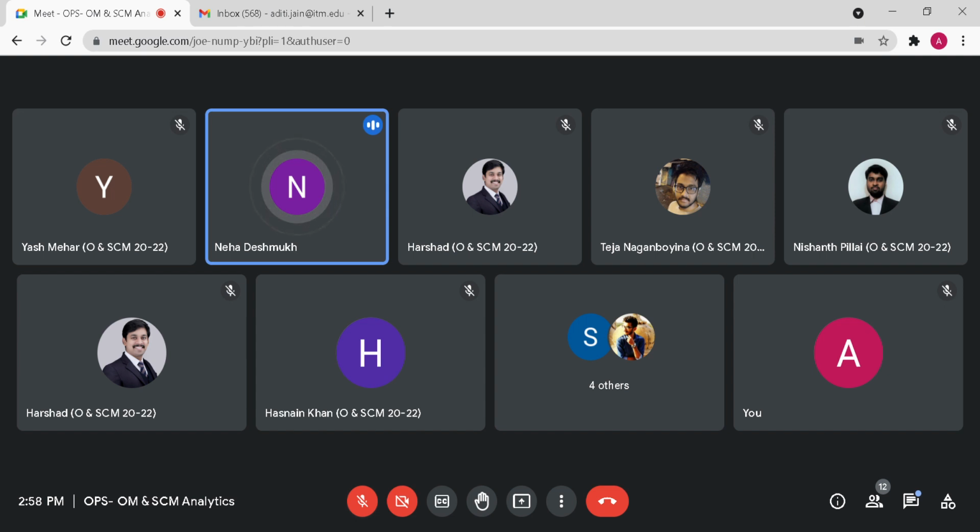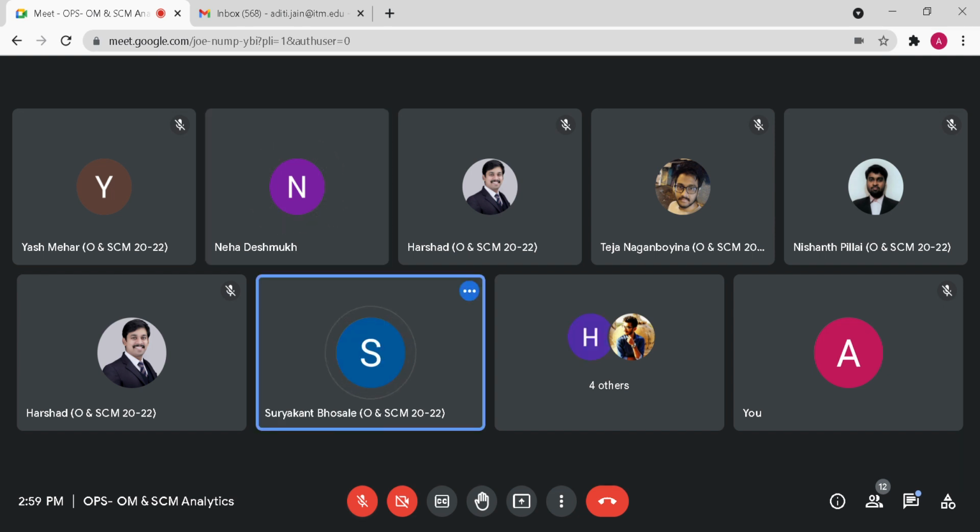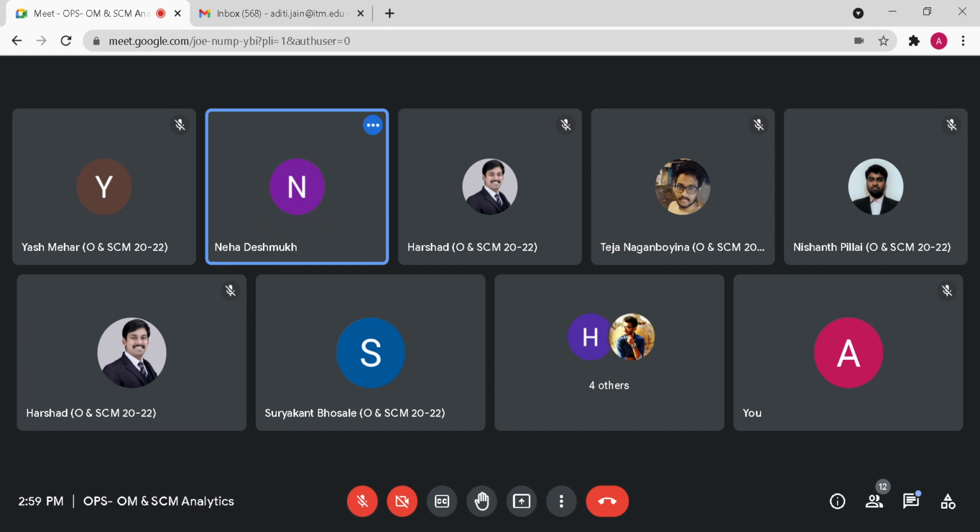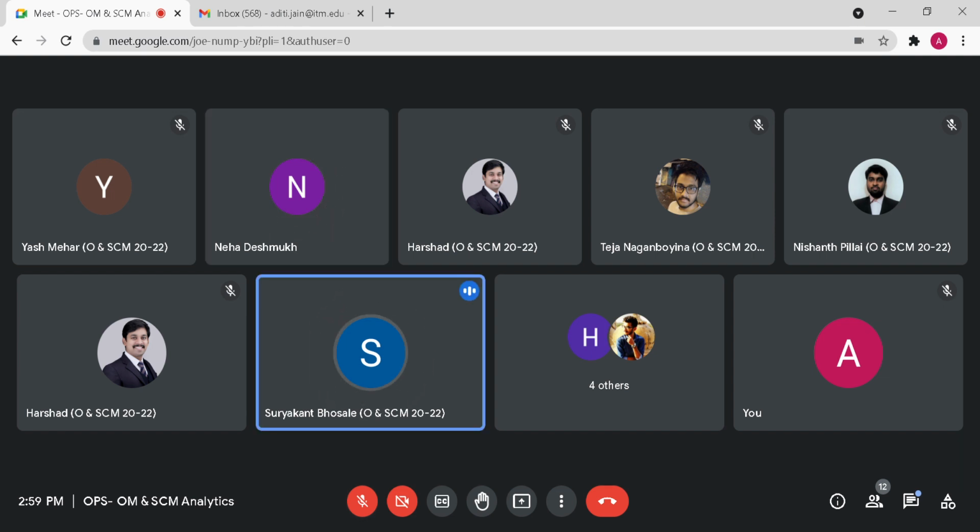Aditi, can you please share your screen? Very good response from your side. Suryakant, can you please share your screen? Ma'am, I have not completed that graph, so I couldn't.